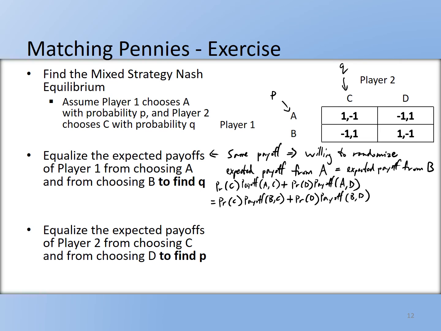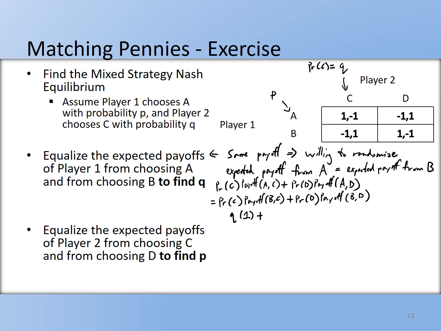So average payoff. The probability of C is Q. So Q, what is the payoff of AC for player 1? It's 1. Right? Plus, what's the chance of D?